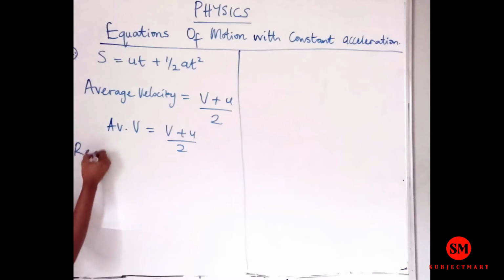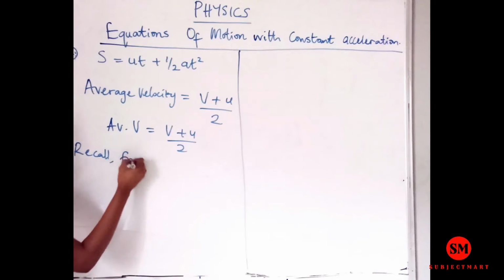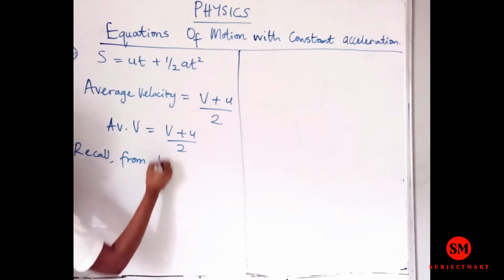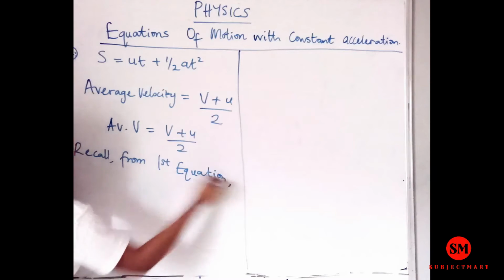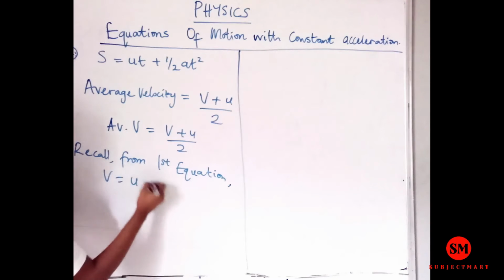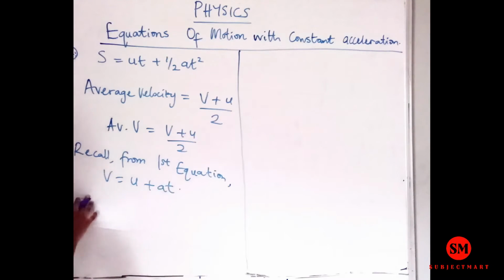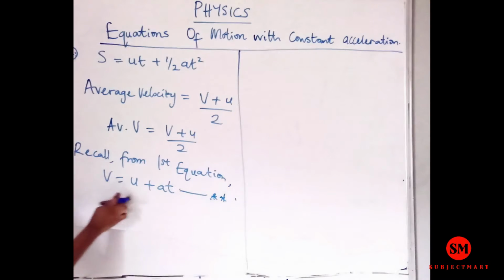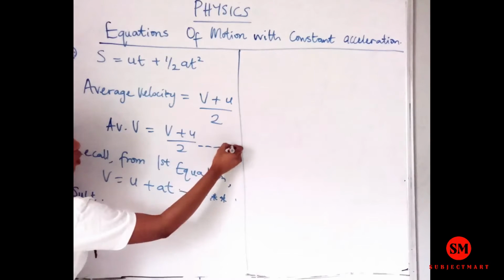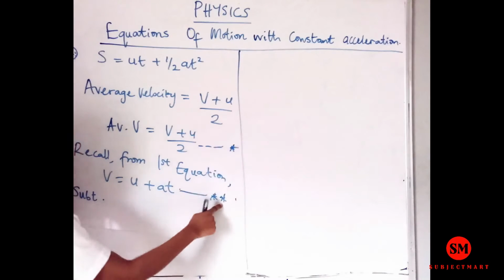But we recall from the first equation, that v is equal to u plus at. Let me call this equation star, while this is star star.